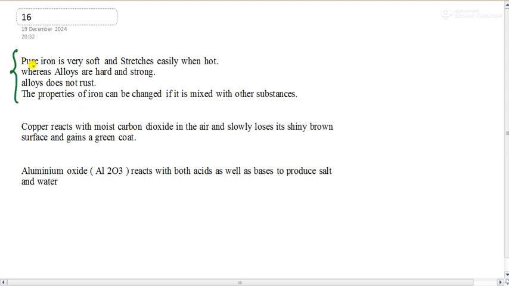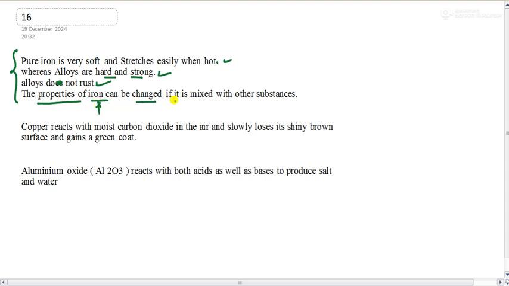Pure iron is very soft and it stretches easily when hot. This is the problem with pure iron. Whereas alloys are hard and strong. This is the first point you can give. The second point you can write, alloys do not rust.